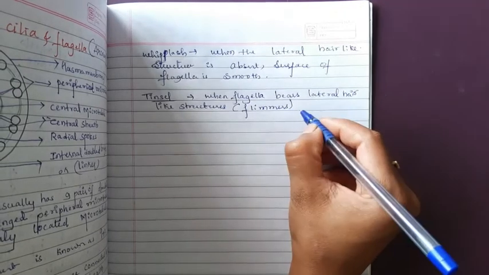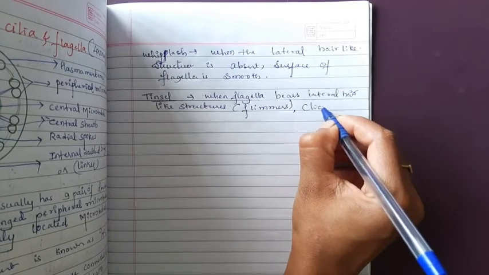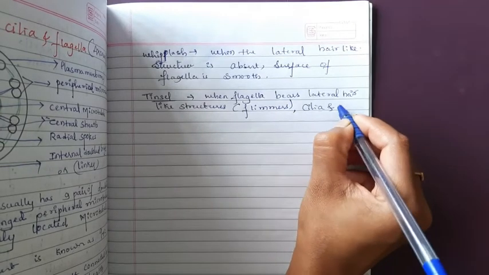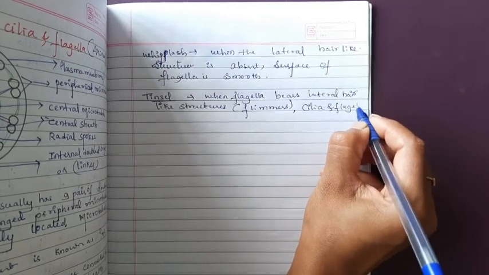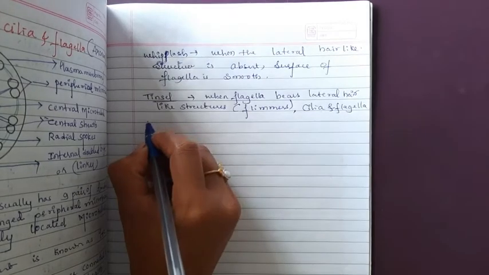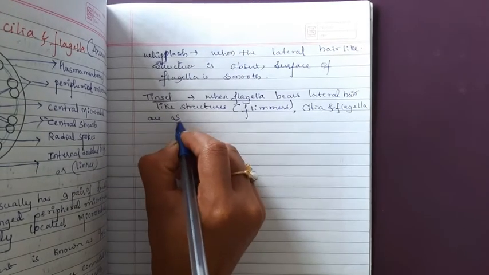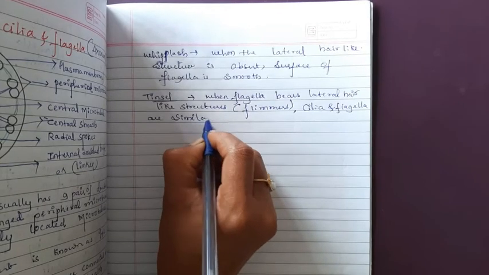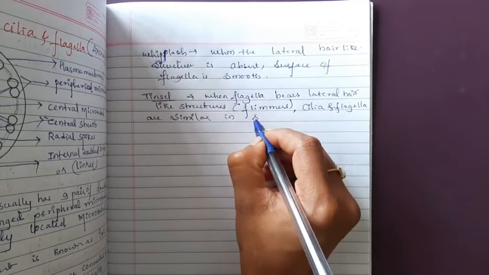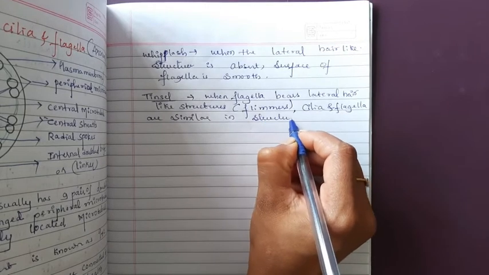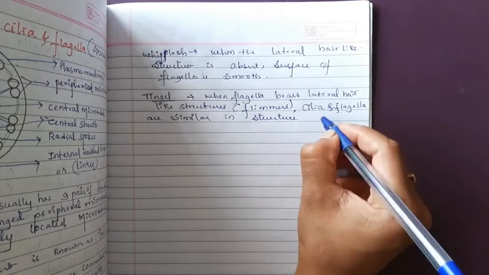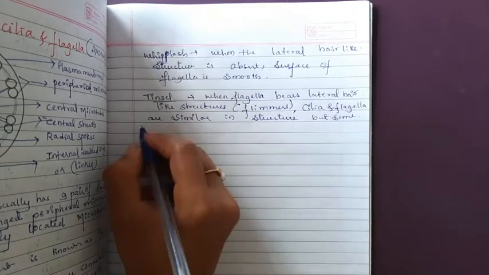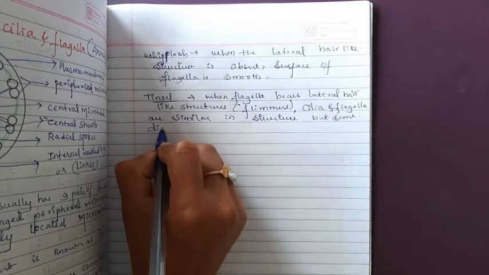Okay, usually cilia and flagella are similar in structure, but some differences we can see.